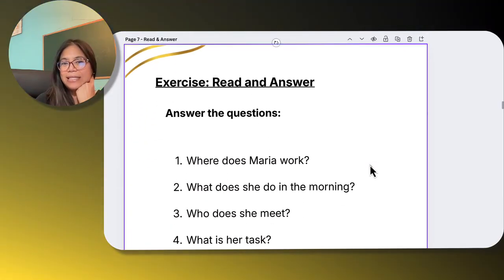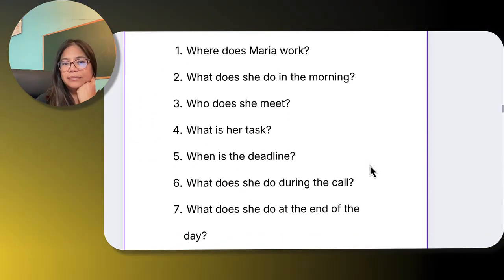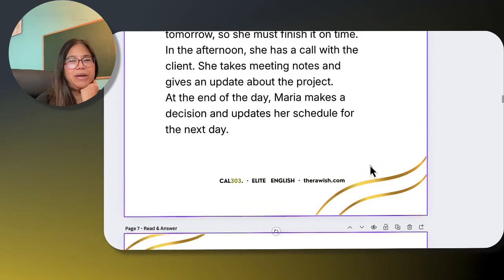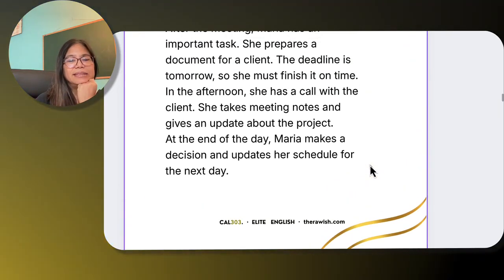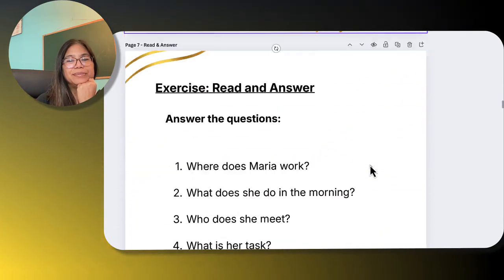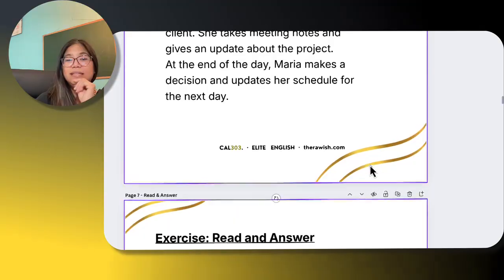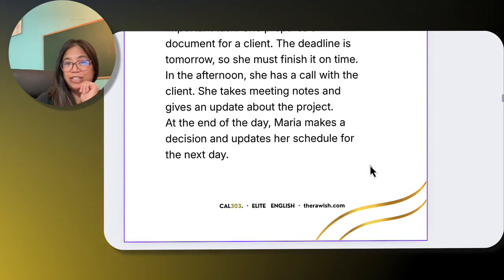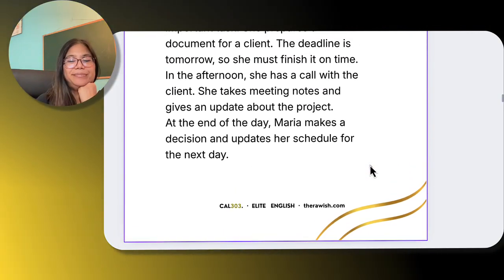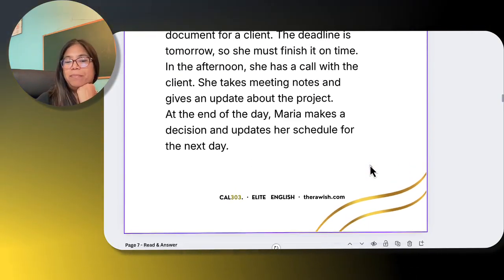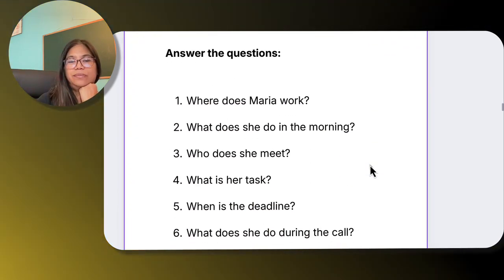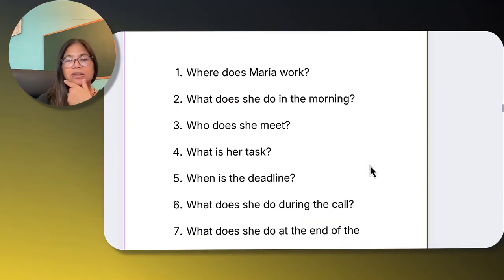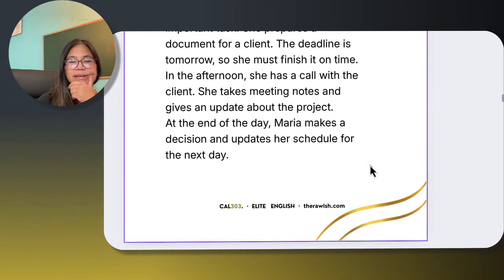What is her task? Her task is to prepare a document for a client. When is the deadline? Well, the deadline is tomorrow. She must finish it on time, doesn't she? Now, question number 6. What does she do during the call? So she has a call with the client.